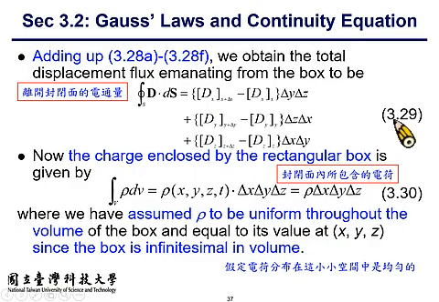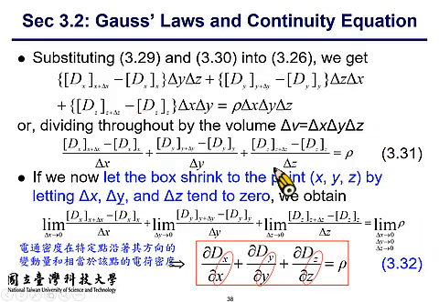And if you look at 3.29 and 3.30 together, you can divide both sides by delta x, delta y, and delta z, and you end up with equation 3.31. To the right is simply the charge density in this region, represented by rho, the electrical charge density. And to the left are three differences. There is Dx at x plus delta x minus Dx at x divided by delta x.